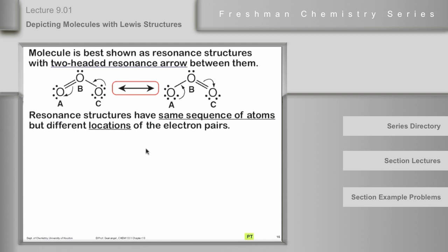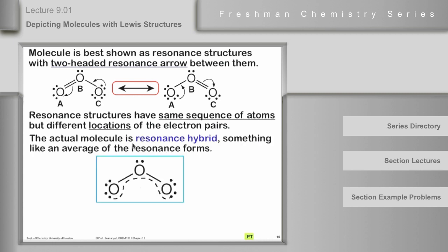All right. Now, what I would like to do is to show you how to represent the molecule of ozone other than writing these two resonance forms. These are resonance forms. What we do is we take the idea developed in these resonance forms and condense it down into something called the resonance hybrid, which is something like an average of these two forms.